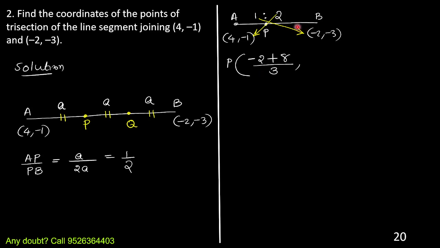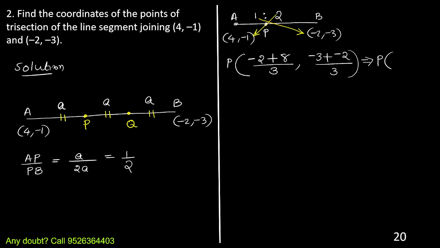In the same way, do the cross multiplication with the y coordinate along the arrow. 1 into minus 3, minus 3. Plus 2 into minus 1, minus 2. Divide by the sum of the ratio, 1 plus 2, that is 3.